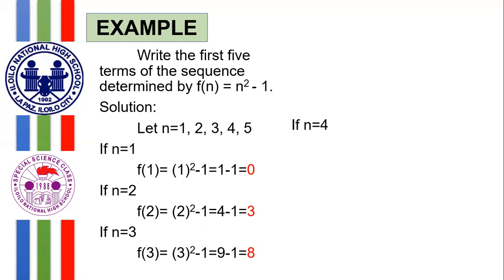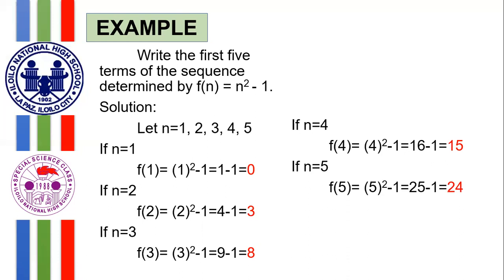If n equals 4, replacing n's by 4, we have f of 4 equals 4 squared minus 1, which is equal to 16 minus 1 or 15. And for the fifth term, replacing n by 5, we have f of 5 equals 5 squared minus 1, which is 25 minus 1 or 24. Hence, these are your first 5 terms.